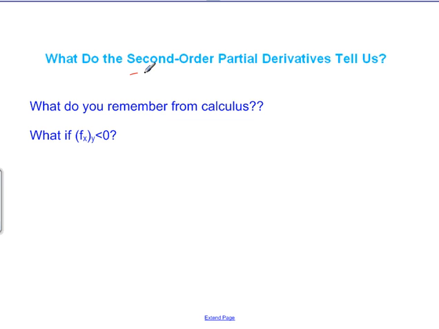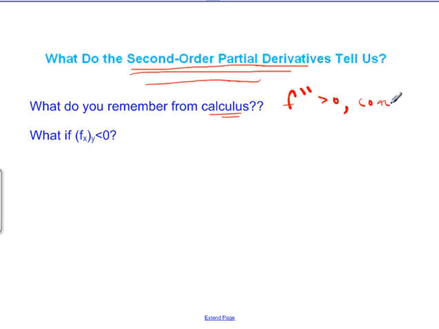All right, well, why do we care about this? What do the second order partial derivatives tell us? Well, for one, if we think about single variable calculus, when the second derivative is greater than 0, we know that our function is concave up.